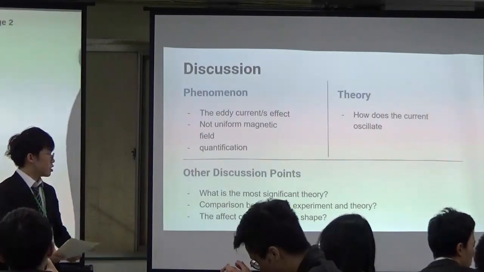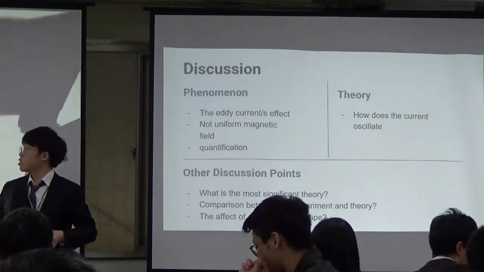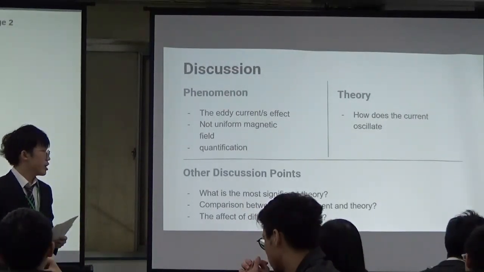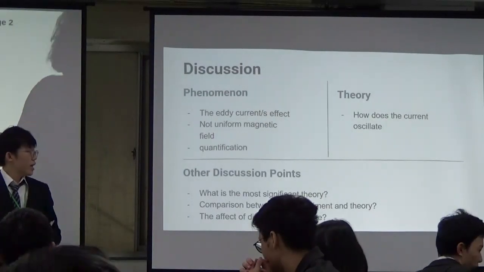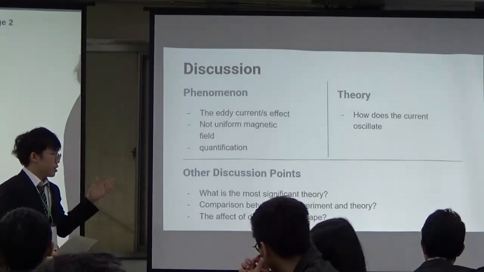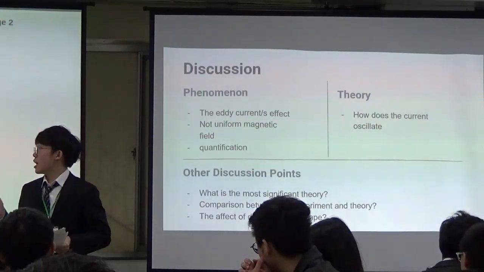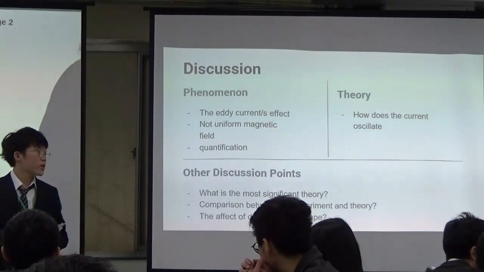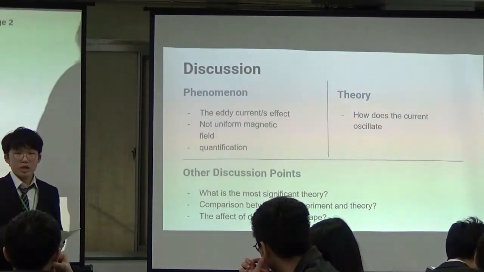And there are other discussion points regarding what is the most significant theory. Since they give so much information about their theory, I believe there is definitely one that is the most important. And also I believe they lack the comparison between the experiment and theory, which I hope they can elaborate more on, and also the effect of different wave shapes.